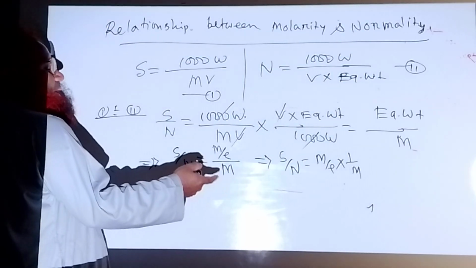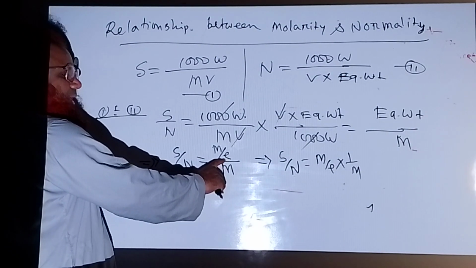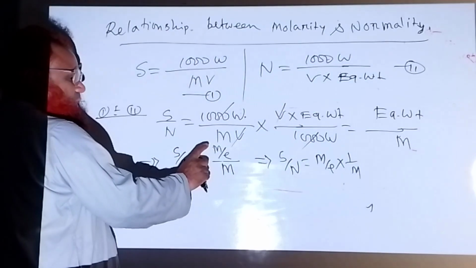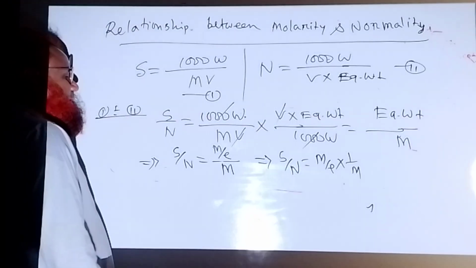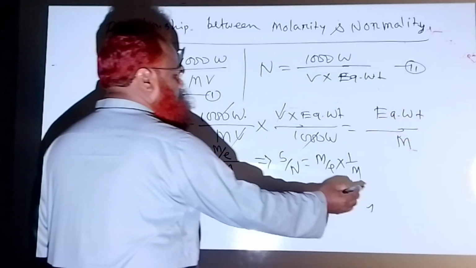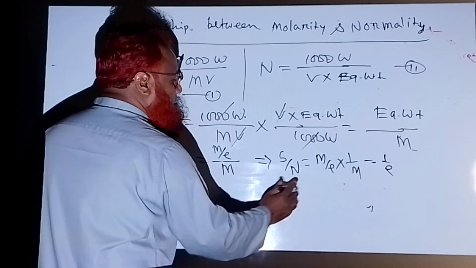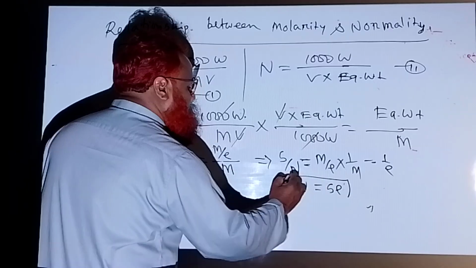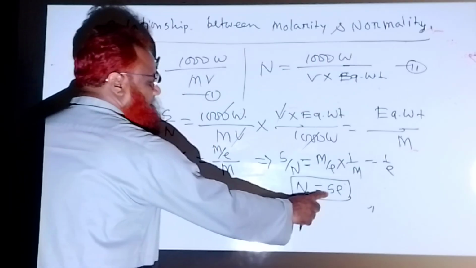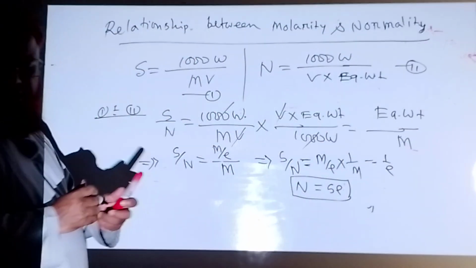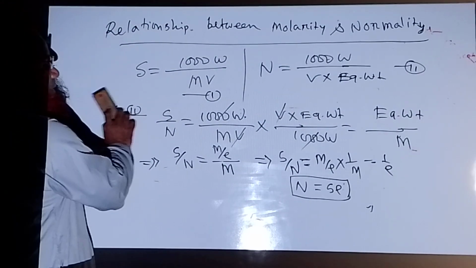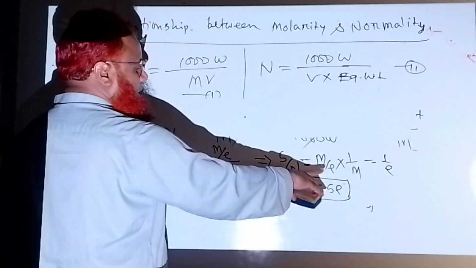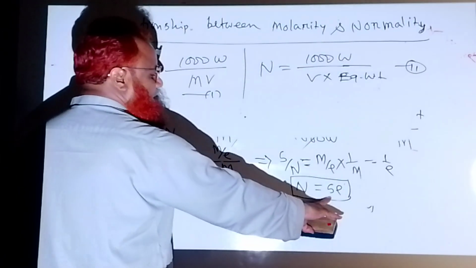Now, finally, cancelling M, so 1 by E. So, N equals S into E. Normality equals molarity into equivalent number. Again, normality equals molarity into equivalent number.